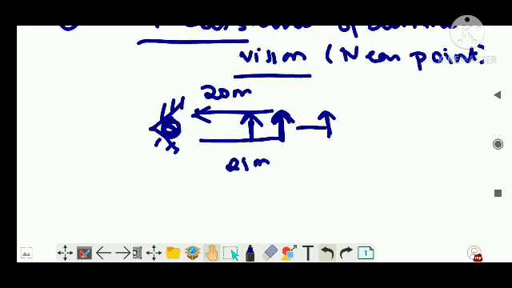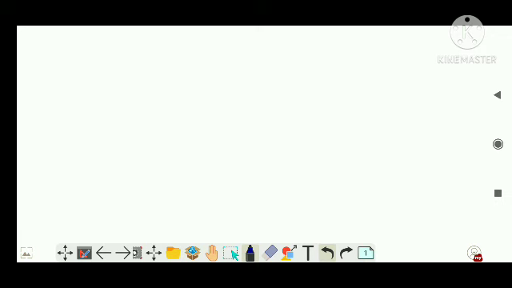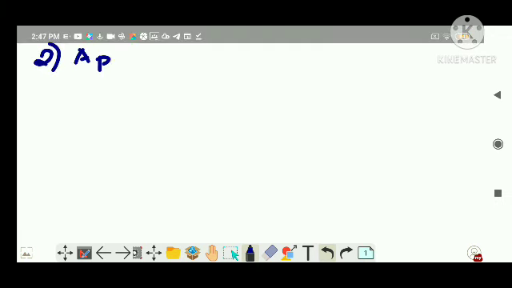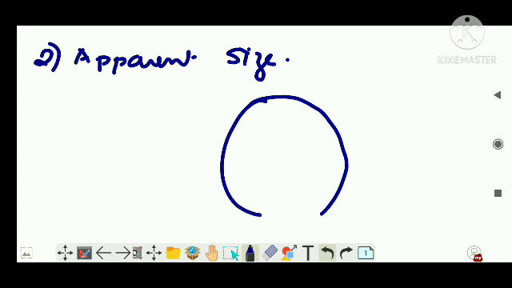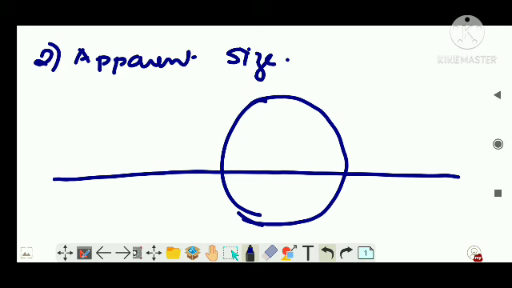And the second term which we have to learn is apparent size. This is our eye, and taking an axis, this is our lens. So this is you, or any person you are intending to look at.